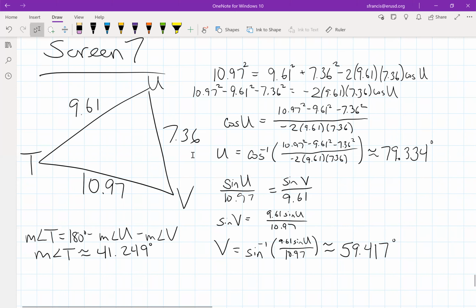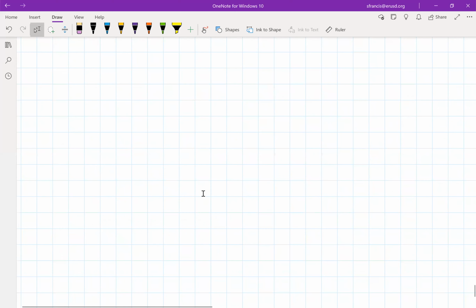I'm letting those of you who are still copying copy. All right, screen number 8.